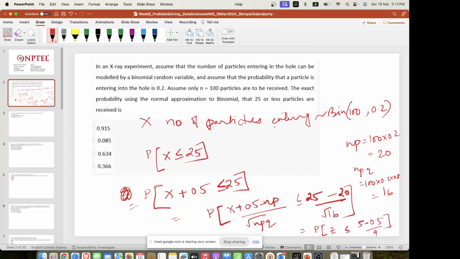So this would be probability z less than equal to, how much does this come to?